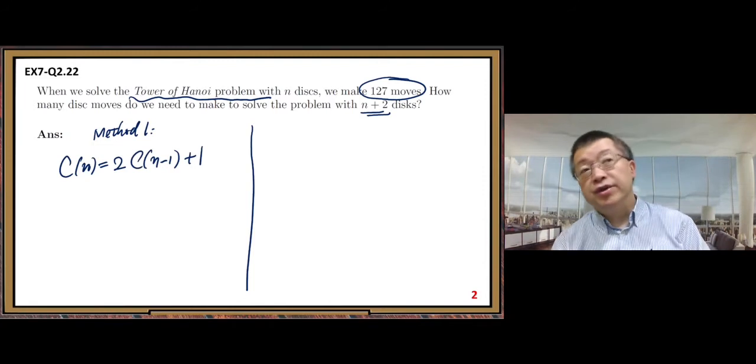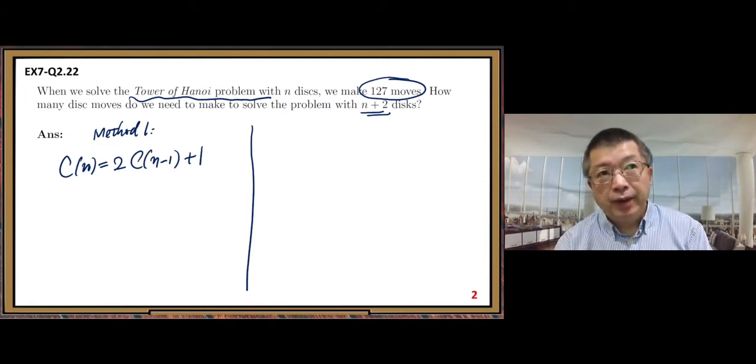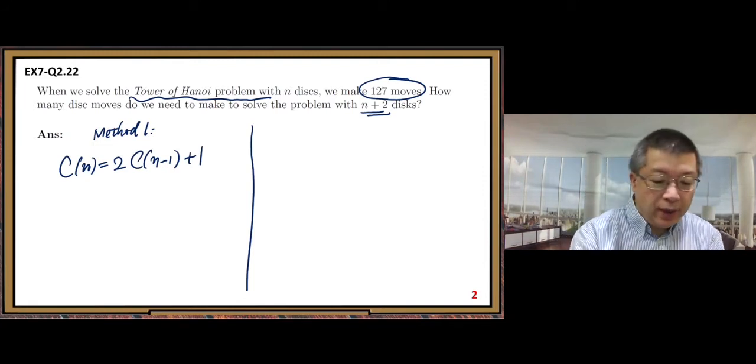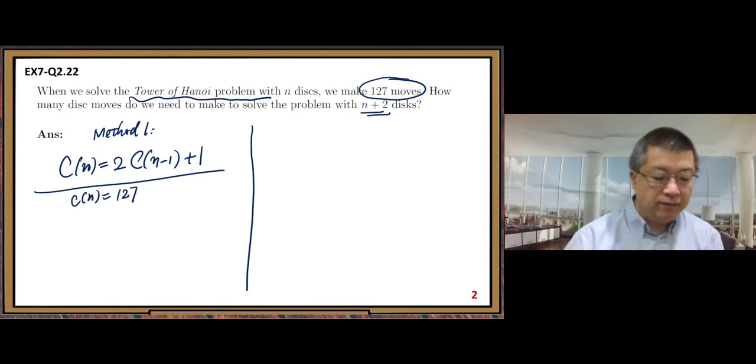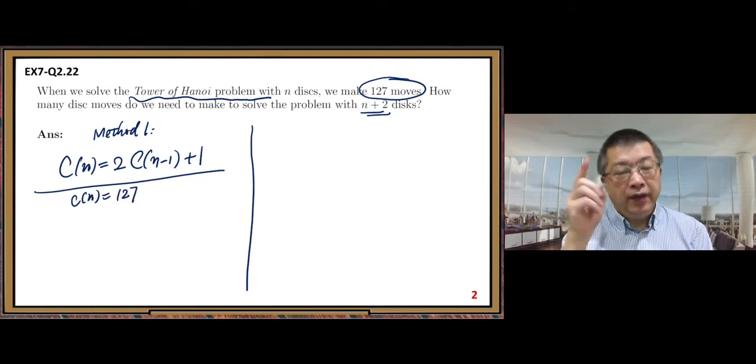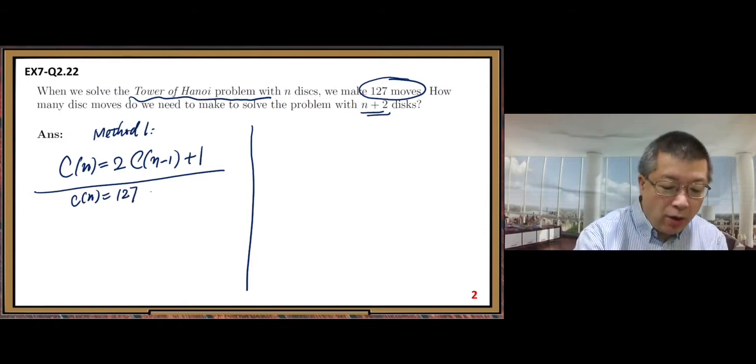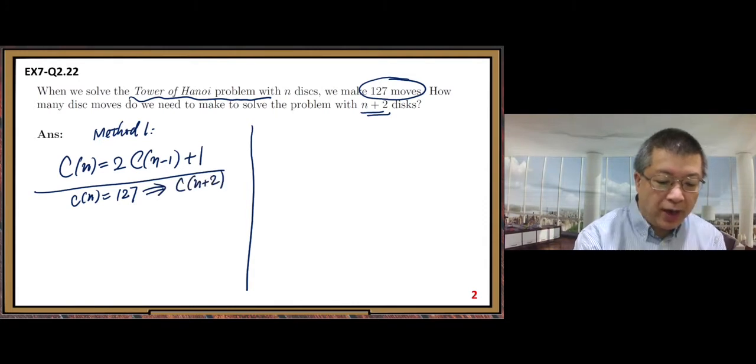That's the recurrence relation. Now we know C of n equals 127. Then our goal, we want to find C of n plus 2, right?